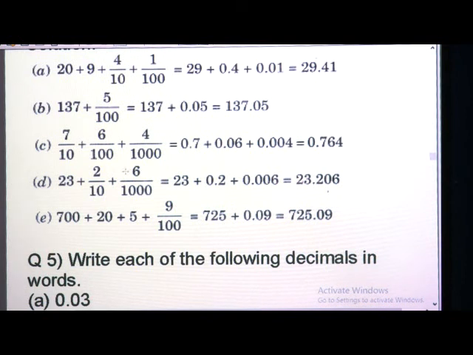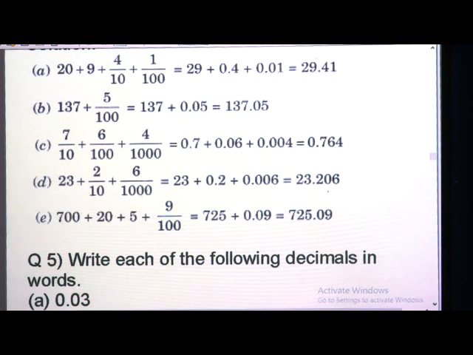Next question, 23 plus 2 by 10 plus 6 by 1000. So, 23 we have taken as it is, 2 by 10 we have taken as 0.2. Here between the tenths and thousandths we also have a place value for hundredths, which we do not have, so we put 0 there for hundredths.